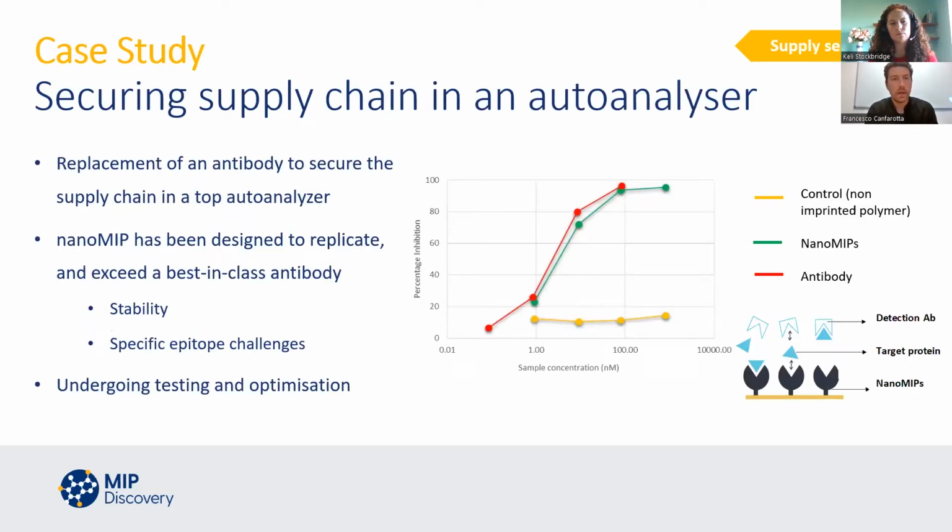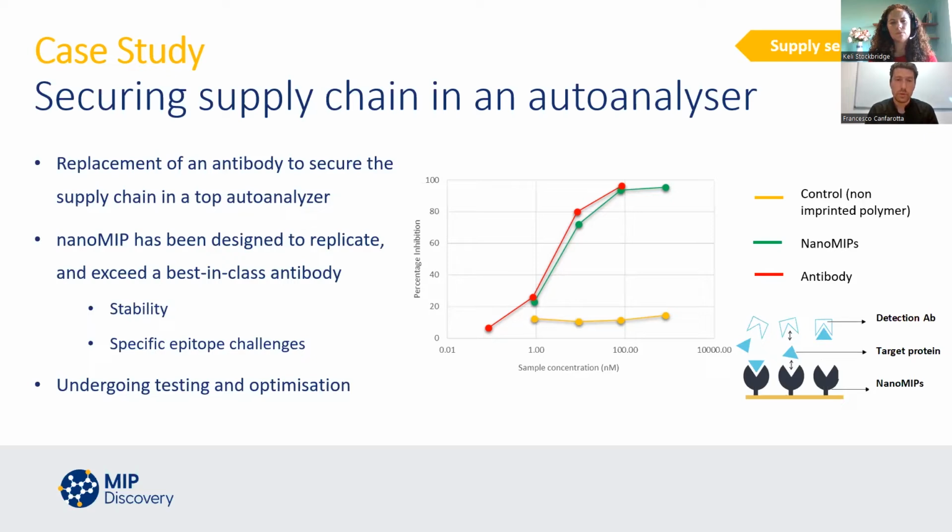In another example, we have been tasked to replace a capture antibody in an assay to secure the supply chain in a top autoanalyzer. So you can see on the right-hand side how the principle works. The nanoMIPs immobilized onto the surface would then bind the target protein, and then a detection antibody would allow the quantification of the binding event.